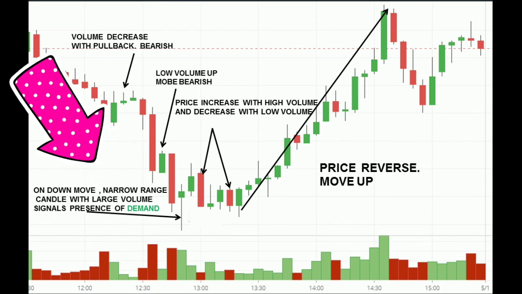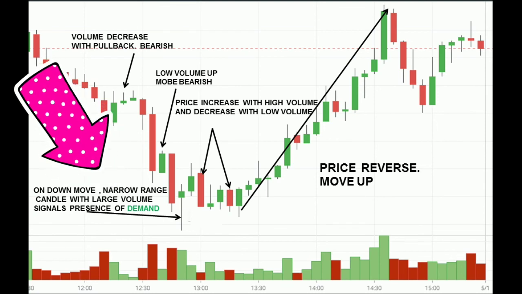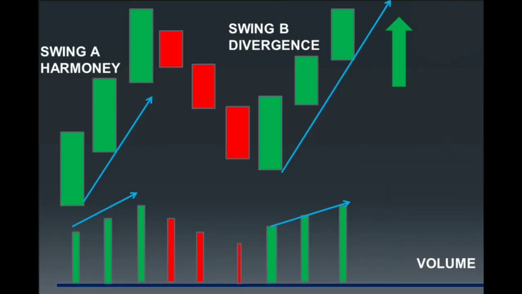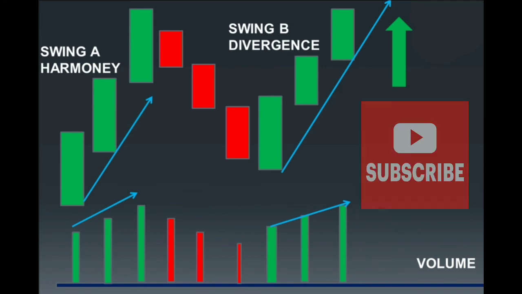Here are the steps to begin with. After doing your multiple time frame analysis, define the nearest supply and demand zone. Wait for the price to come to the zone and observe the candle associated with the volume of the zone. See if there are signs of reversal or continuation based on the volume and price action.